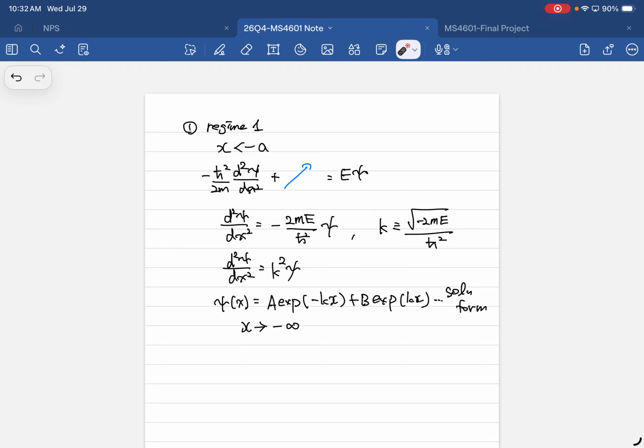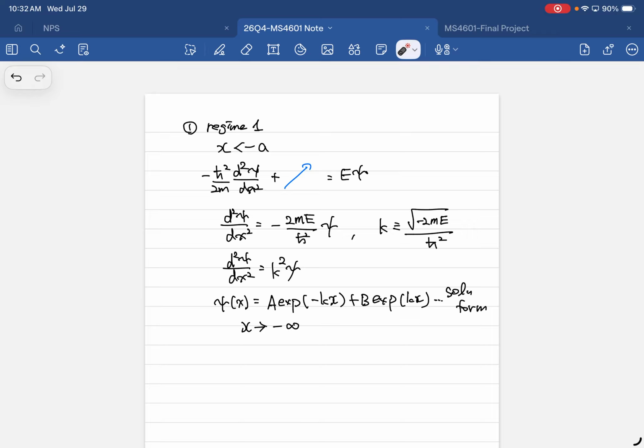When x goes to negative infinity, this one goes to 0. Well, what happens to this first term? K is a real number, and when x goes to negative infinity, this one goes to infinity, right?